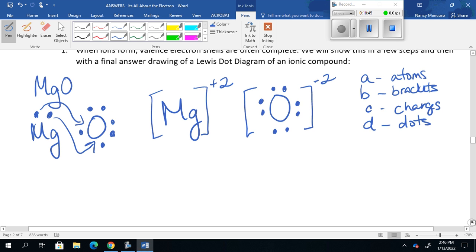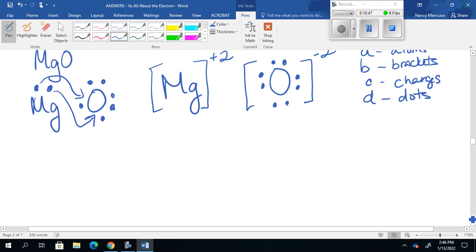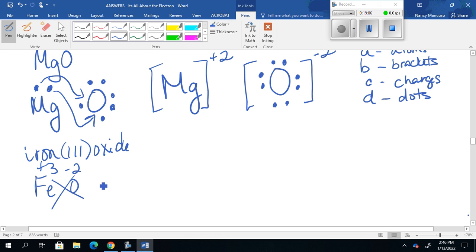All right, so let me do another one with you. Let's do a hard one. Let's do iron 3 oxide. All right, so the formula for iron 3 oxide, Fe is a +3, O is a -2. Crisscross, my formula would be Fe2O3.